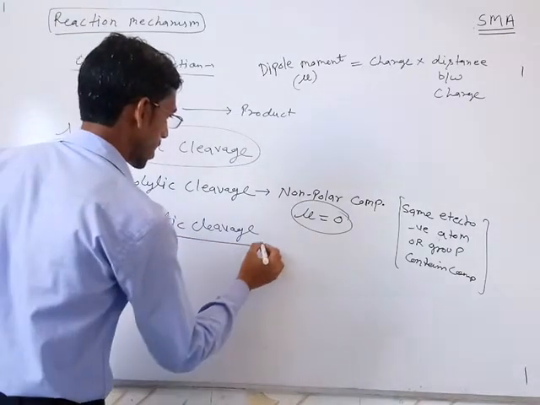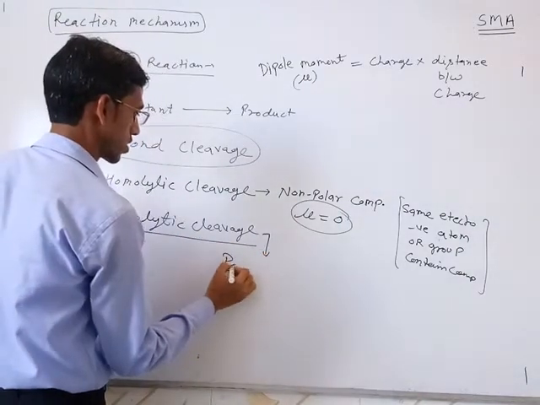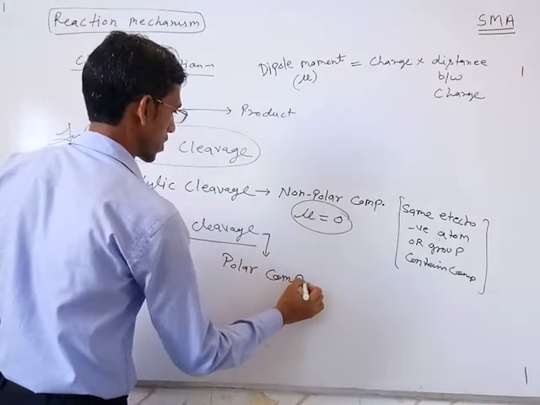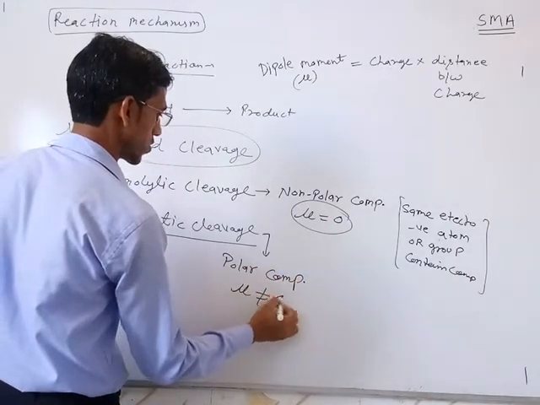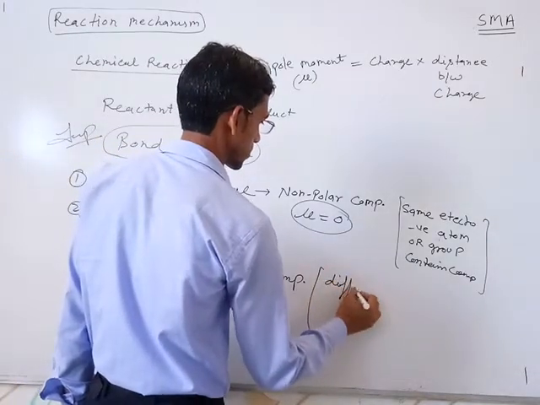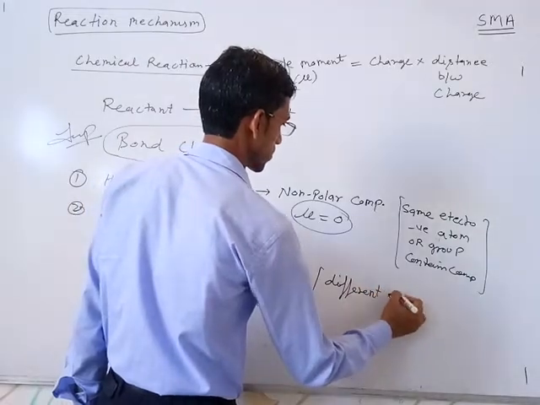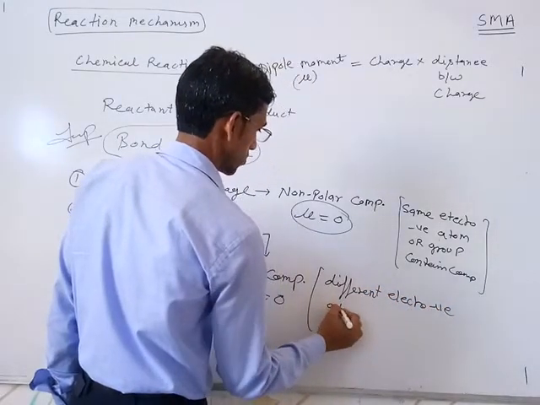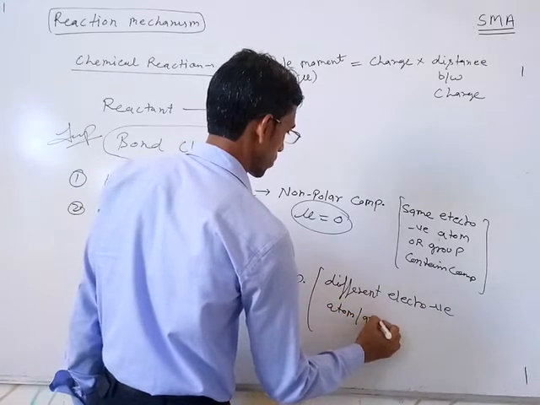Heterolytic bond cleavage is found in polar compounds, polar molecules, which means mu is not equal to 0, containing atoms or groups of different electronegativity.